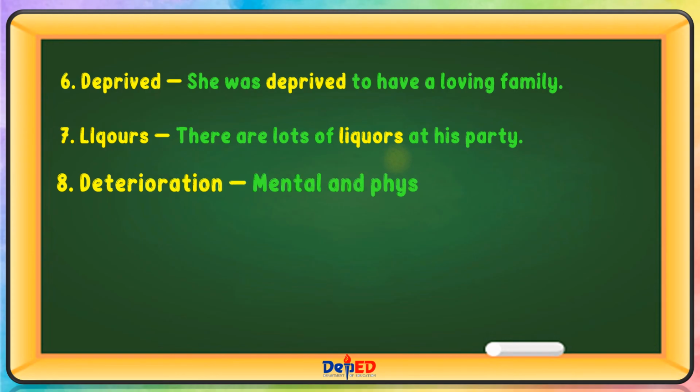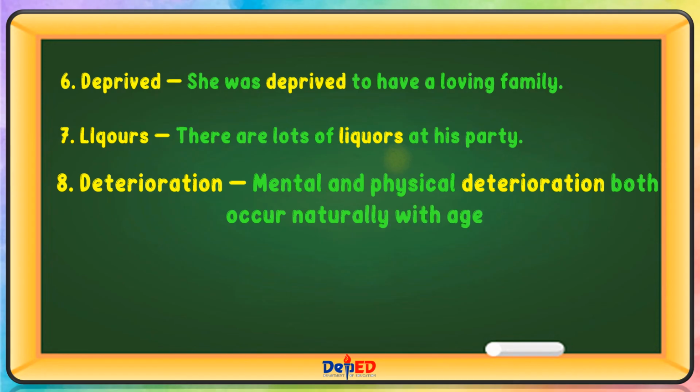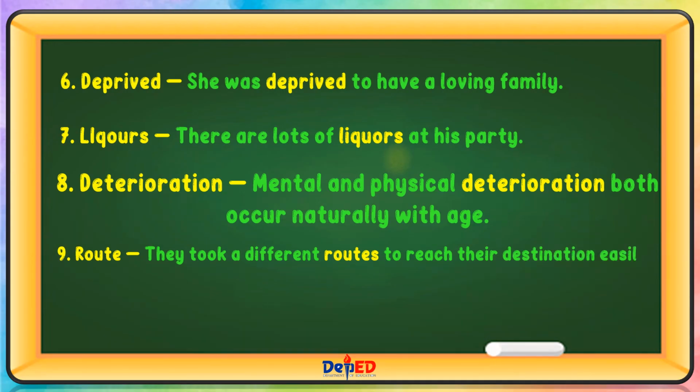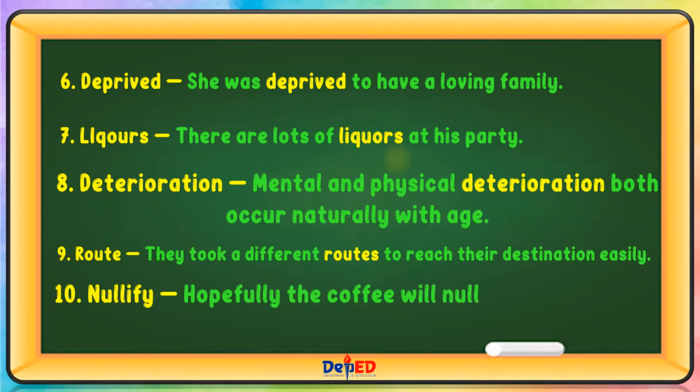Mental and physical deterioration both occur naturally with age. Route. They took a different routes to reach their destination easily. Nullify. Hopefully, the coffee will nullify the drowsy effect of the medication.